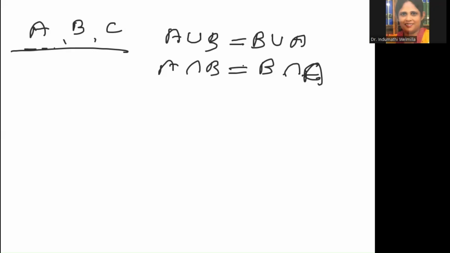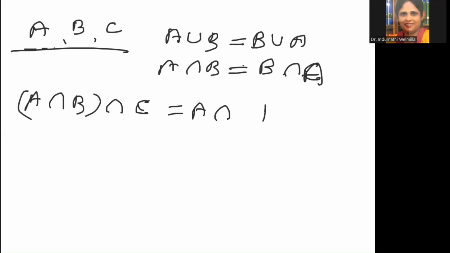Then we can say (A intersection B) intersection C equals A intersection (B intersection C), right?